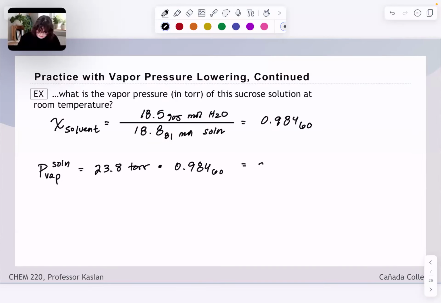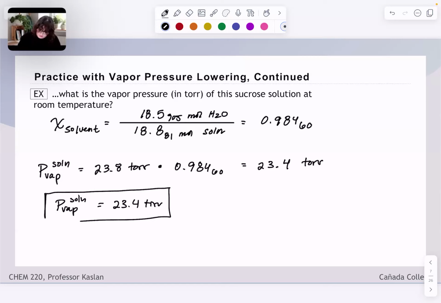We get 23.4 to 3 sig figs for torr, meaning the vapor pressure of solution is 23.4 torr. And let's ask ourselves, is this lower than the original amount of vapor pressure that our pure solvent exerts? So 23.8 versus 23.4 torr. Yeah, right? We do in fact see that this is an ideal solution.